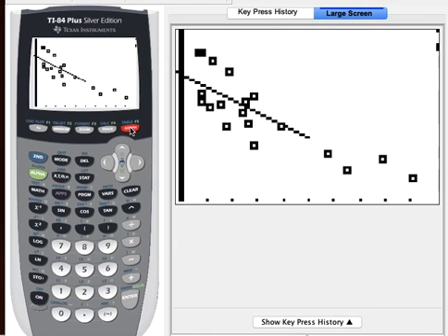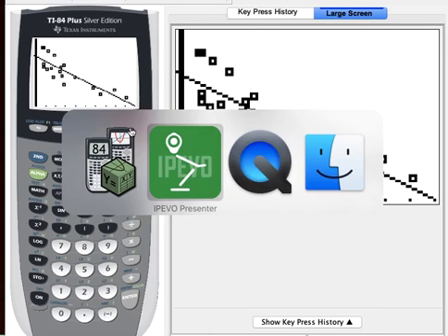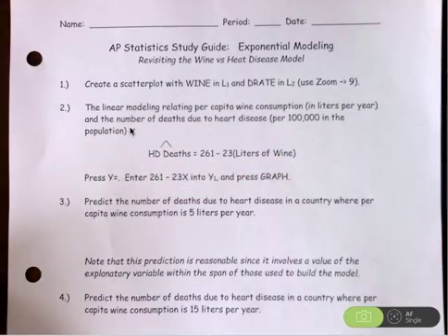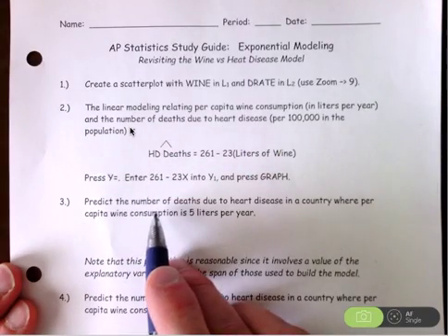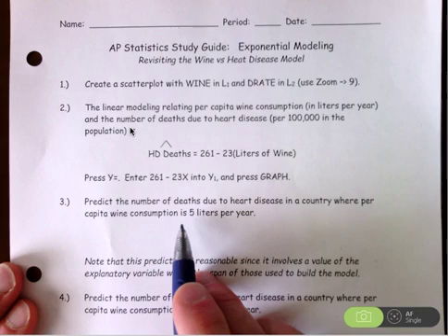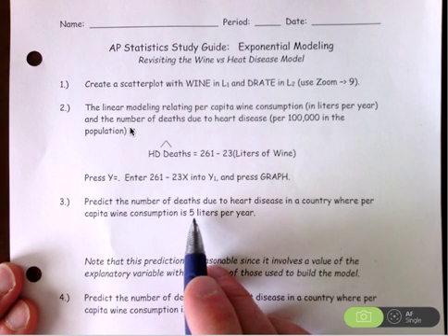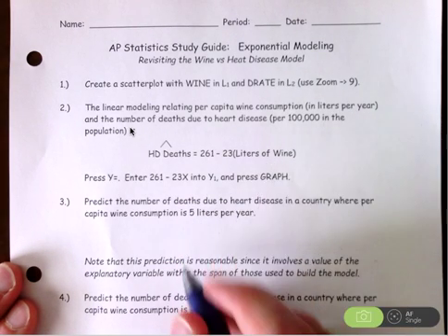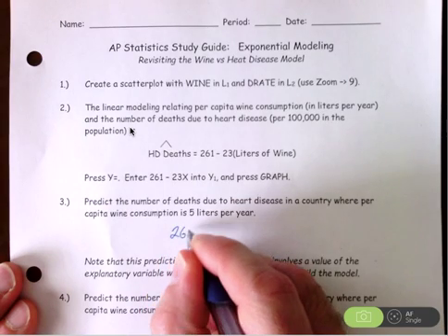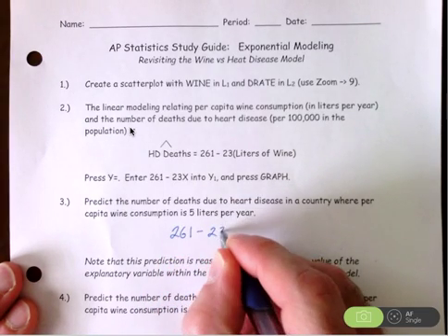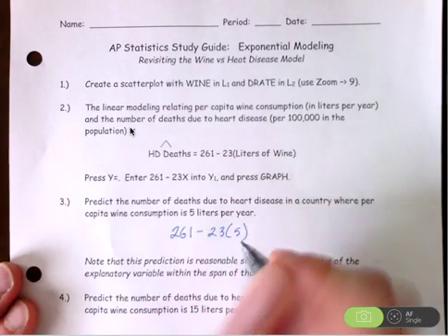So we can easily see the linear trend, and we can use that linear model to make some predictions. For instance, let's predict the number of deaths due to heart disease when per capita wine consumption is 5 liters per year. So we're just going to substitute in the 5. So 261 minus 23 times 5.